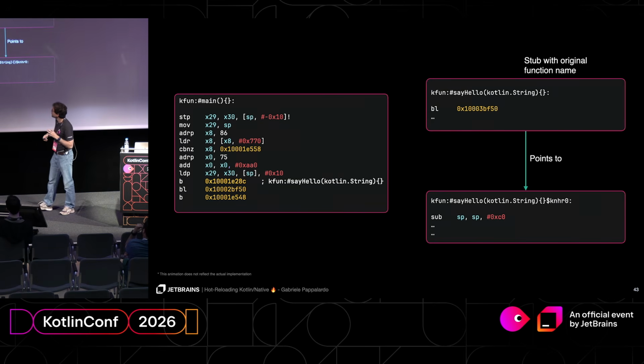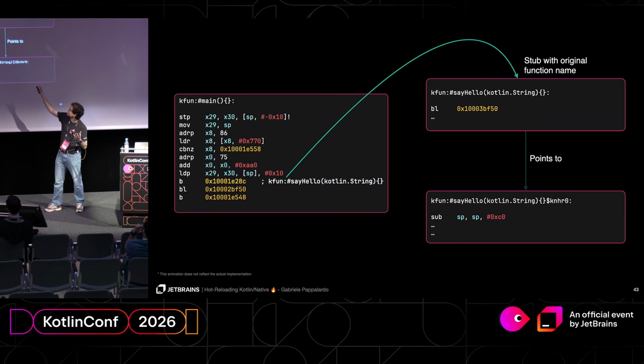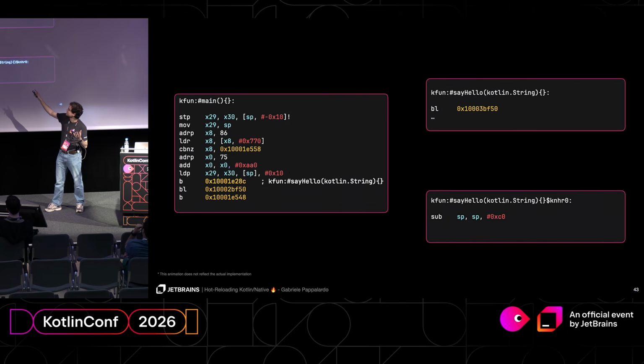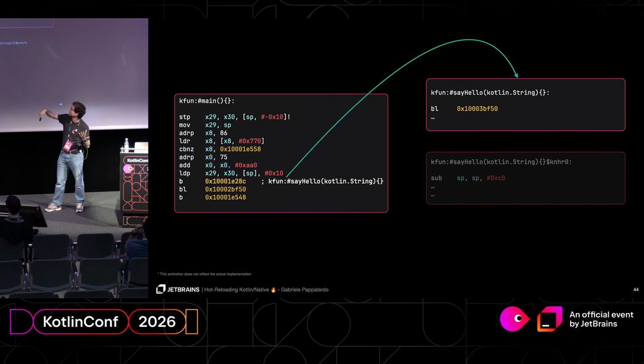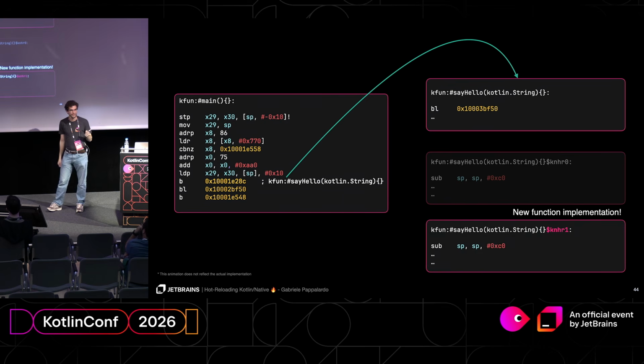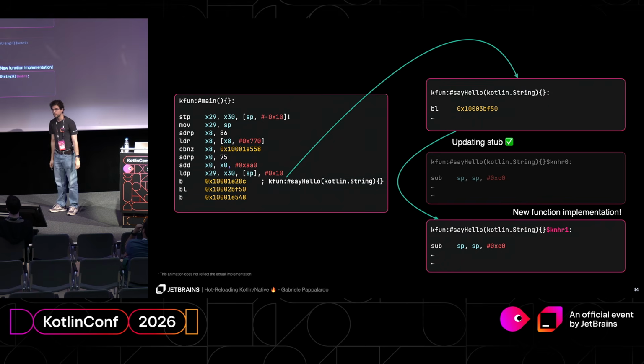The idea is quite simple, because when you want to update the function implementation, you don't update the original function, you just update the stub. So at the end of the day, what happens is literally changing the arrows, and that's pretty much it. You have a new implementation of the function, and that fixes the issue.